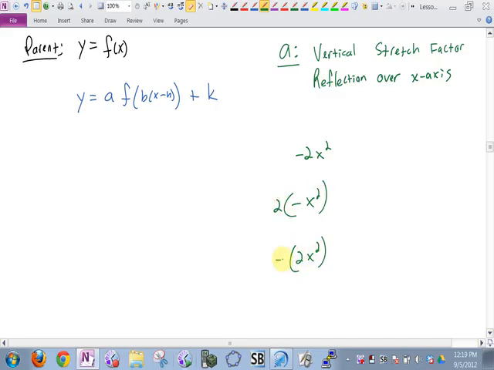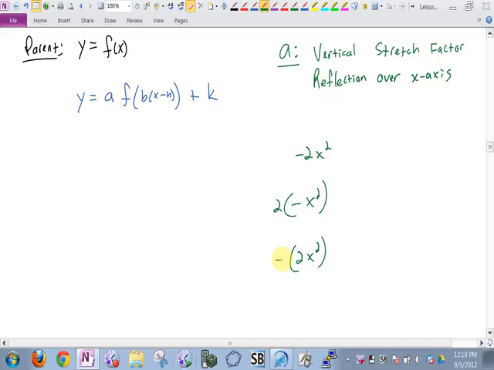Those are going to result in different answers? No. So does it matter if you reflect first, then stretch, or stretch first, then reflect? Doesn't matter. They're both multiplications. Multiplication is commutative, so yes, you're right, it will never matter. Will there be a case where this will matter?